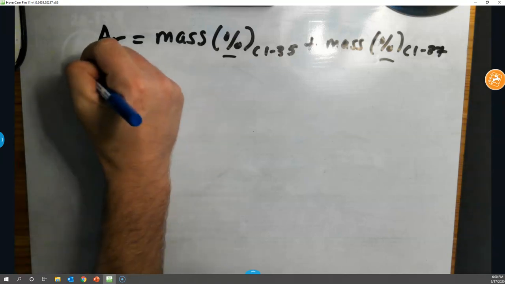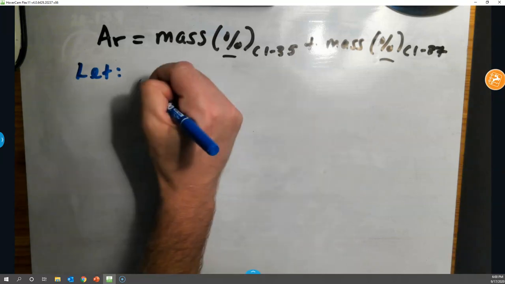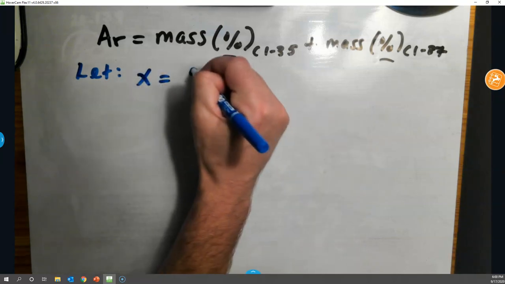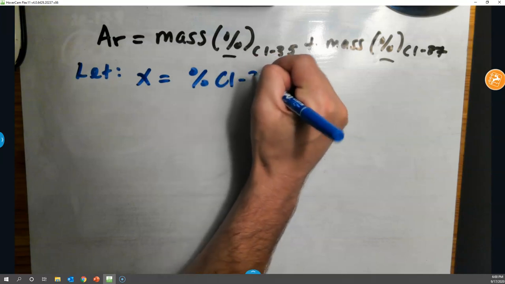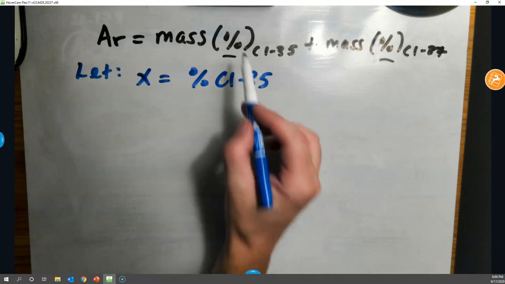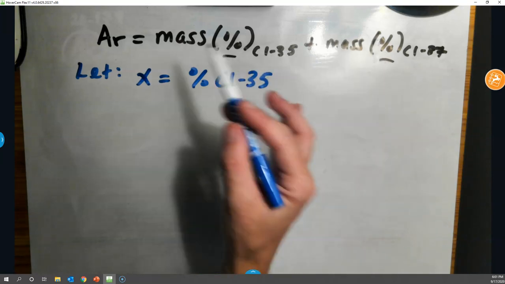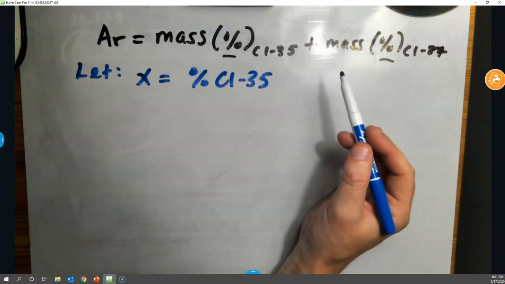So let's let x equal the percentage of chlorine 35. Remember, we're dealing with percentages. If you have more than one percentage, they're always going to add up to 100.